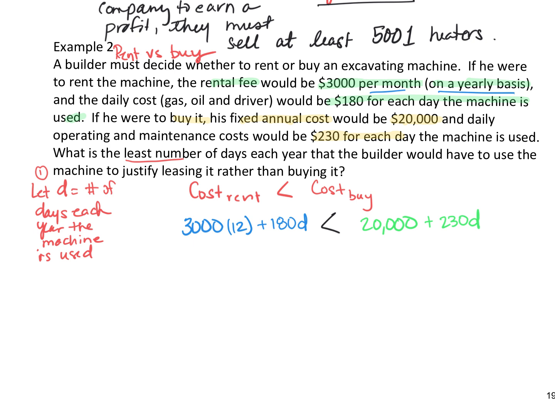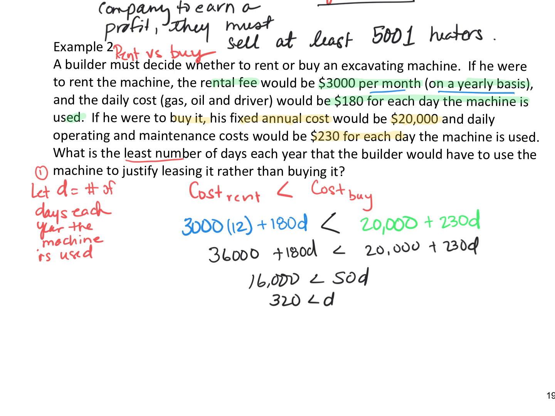Okay, so now let's solve for D. Solving this way, I got 320 is less than D. This is equivalent, so I'm going to write the D first: D has to be greater than 320. I like writing that out because it makes better sense to me when I read it.